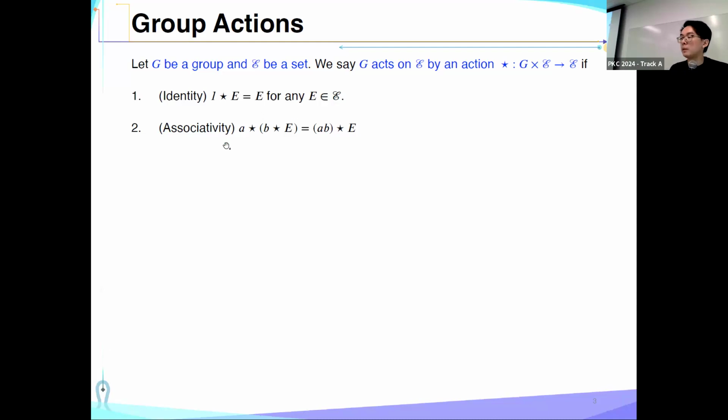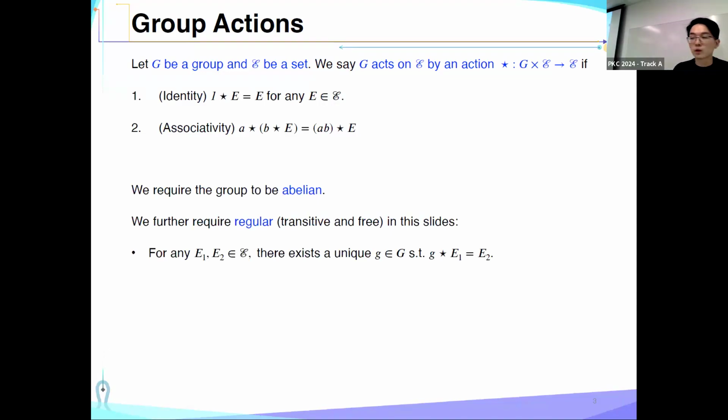And the second requirement is associativity, which means that if you do two group actions, this is equivalent to doing the group action first and then the next one. We also further require this group to be abelian, and that this action is regular, which means that for any two curves E1 and E2, there exists a unique group element g such that g E1 equals E2.